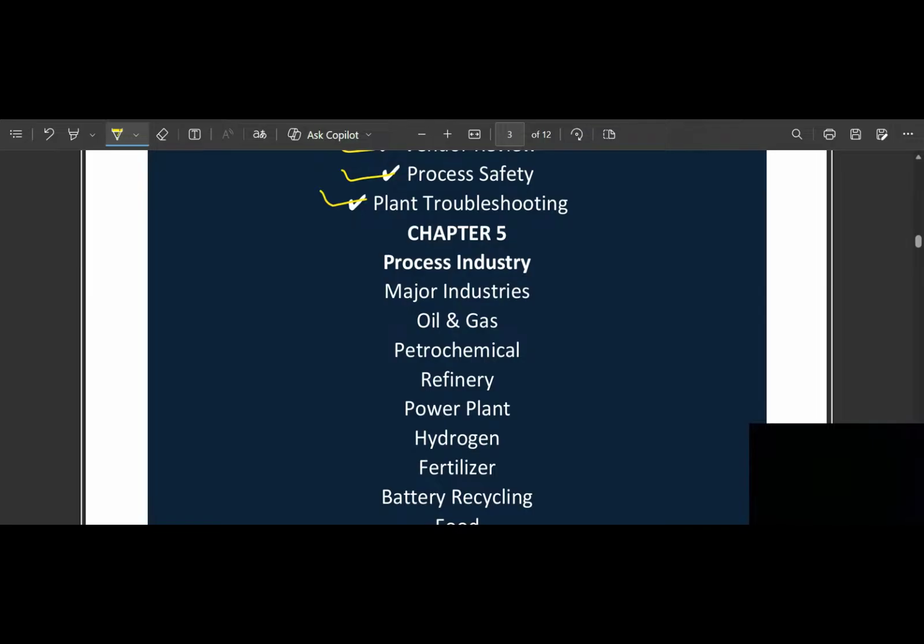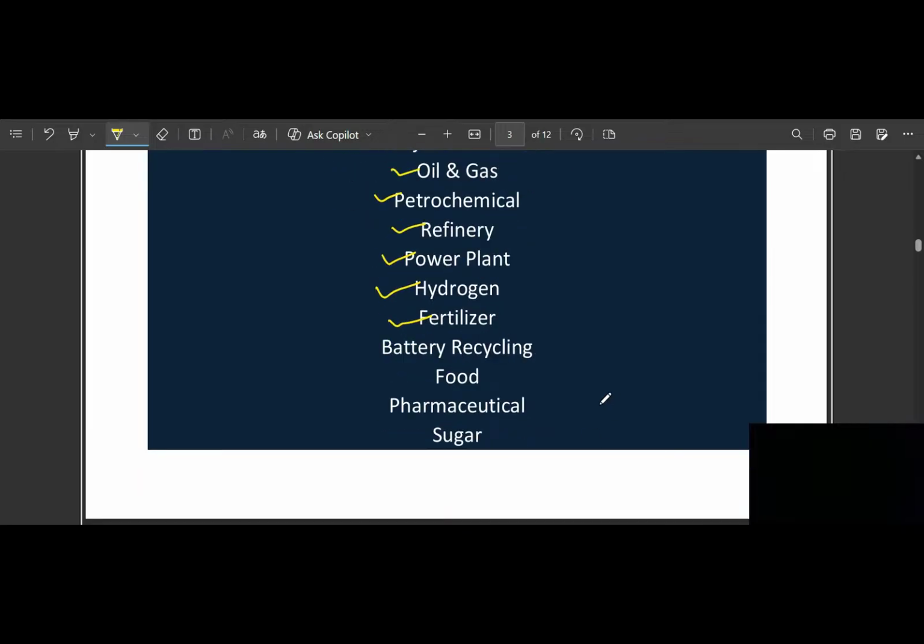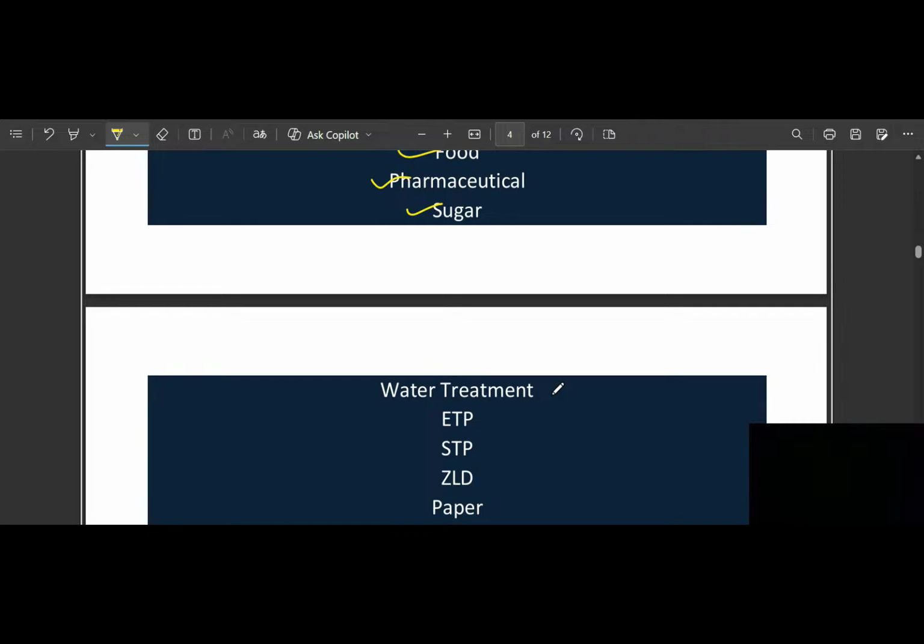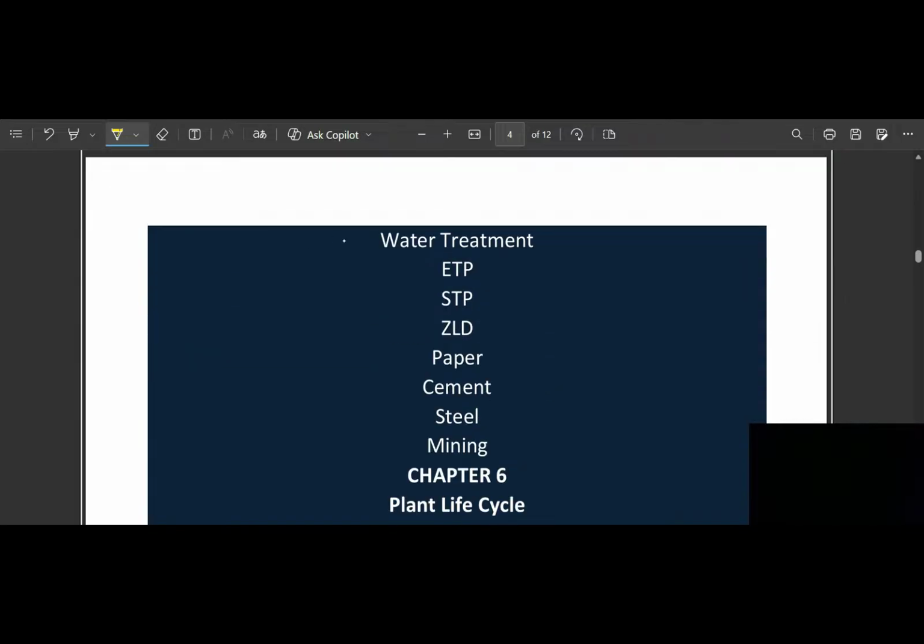So major industries include oil and gas, petrochemical, refinery, power plant, hydrogen, fertilizer, battery recycling, food, pharmaceutical, sugar, water, water treatment, ETP, STP, ZLD, paper and pulp, cement, steel industry, mining.